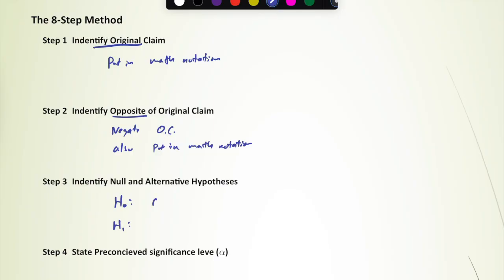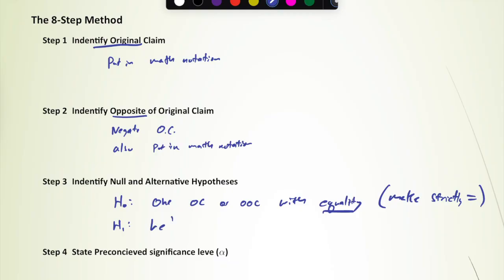The null hypothesis is the one, either the OC or the OOC, with equality. And then we make it strict equality. Okay, so that means no greater than or equal to, just equal to. No less than or equal to, just equal to. And then this thing right here is the leftovers.